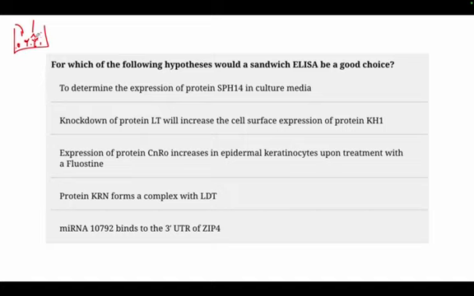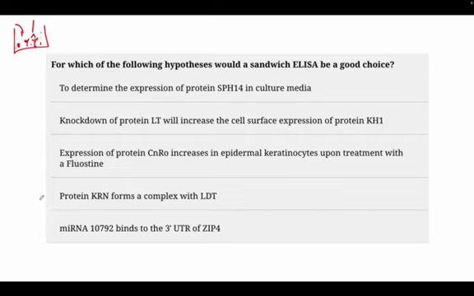Here you can see it is good when we want to look at interacting partners of a protein. We can coat the interacting partner on the well, then add our protein and detect how much of our protein has bound. So if we want to look at the interaction of two proteins, such as protein KRN forming a complex with LDT, this makes sense.